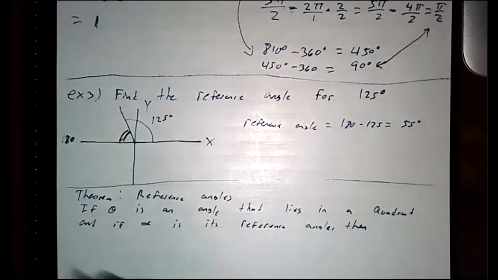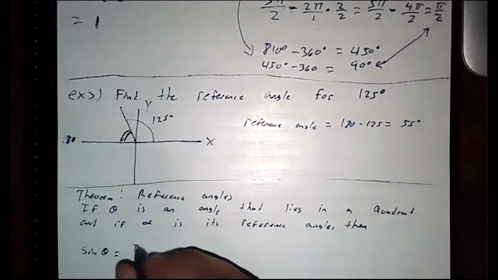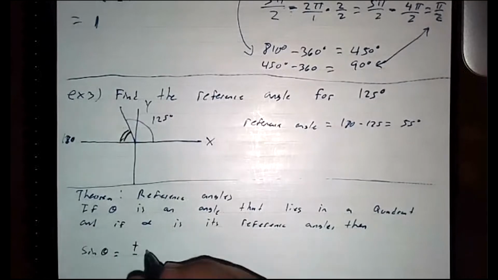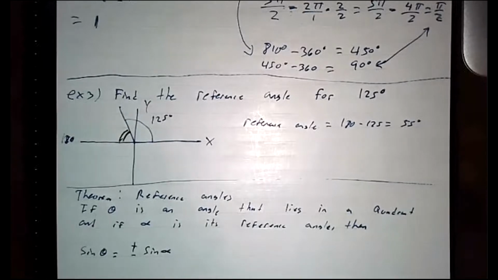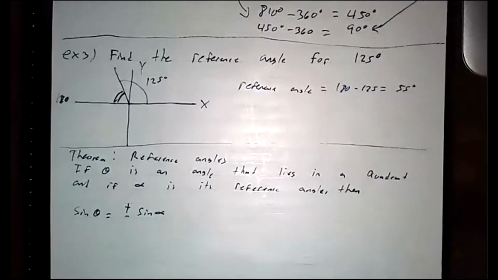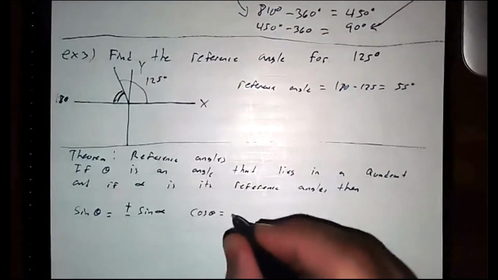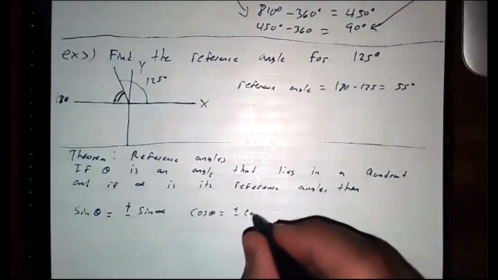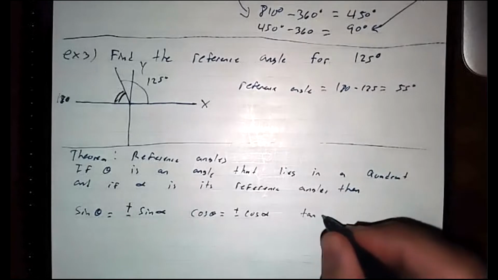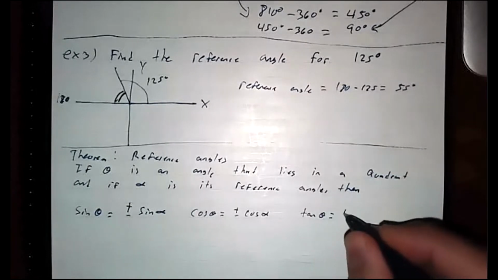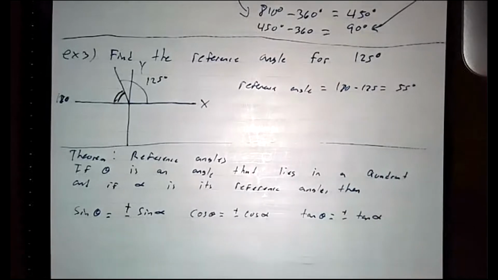Sine theta is equal to plus or minus sine alpha. My alphas look like fish, but it's whatever. Cosine theta is equal to plus or minus cosine alpha. Tangent theta is equal to plus or minus tangent alpha. Now I'll tell you how to determine the plus or minuses.